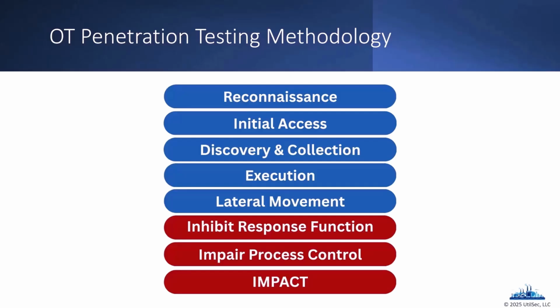So we start at this point of, well, what's next? We have that foothold on the OT network. We have control over all the Windows-based systems, at least the ones that fall under Active Directory. Now we actually want to start looking for what actual OT or ICS assets are in the environment.